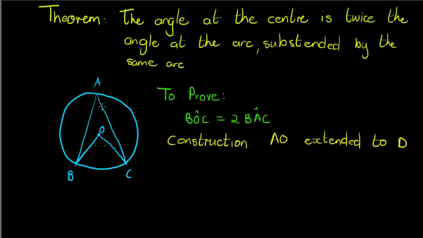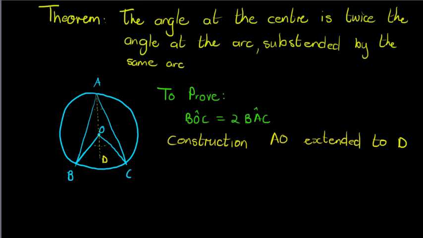All of these proofs that we're doing today, you have to know, okay? But this is a very important one, very likely to be in the exam. So you can see I'm drawing AO and I'm extending it to D.